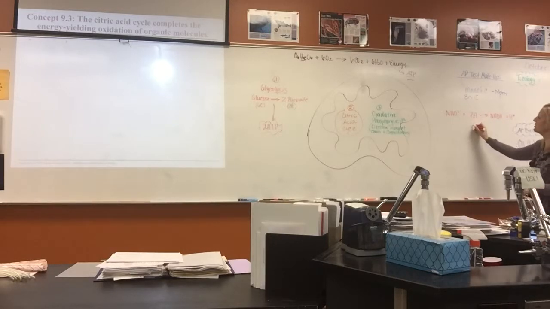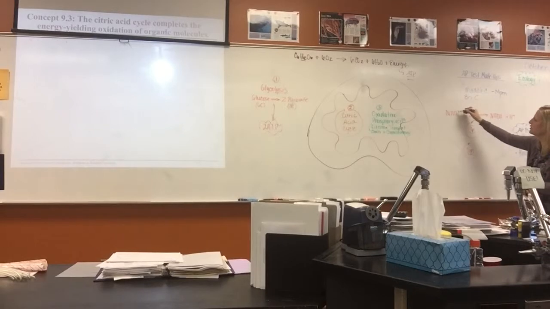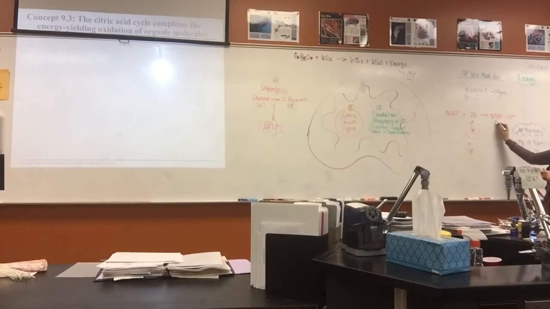So real quickly here, remember your hydrogens each have 1 proton and 1 electron spinning around the nucleus, and so we have 2 of those. So one of these electrons, different color here, notice, goes to NAD+. The NAD+ has a positive charge because it lost an electron. And so this electron here goes to neutralize that positive charge, and so therefore you don't have a positive charge on this.